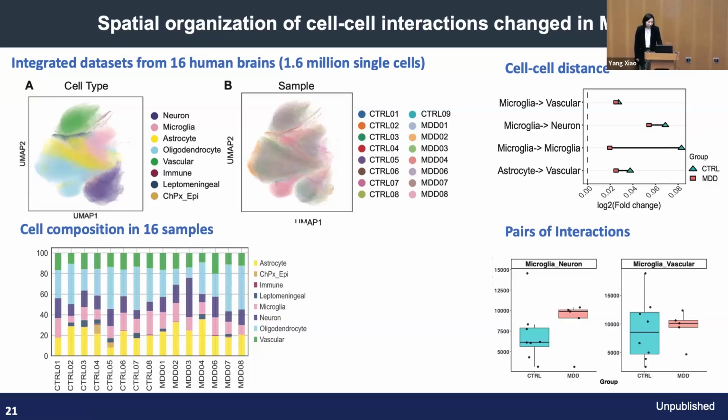In total, we examined millions of cell pairs, and just for your interest, we find that in MDD patients, the microglia-to-microglia distance is much shorter, meaning they aggregate together and stay closer to each other. And this is not just a few pairs picked from the images. These are unbiased profiling of the entire 1.6 million data set.